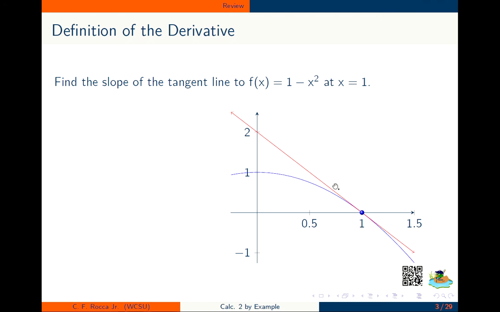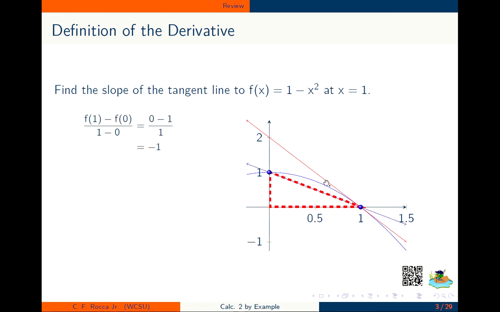What we do to find that slope is we start with an approximation, and we approximate with this line called a secant line. This secant line passes through the one point we're interested in and some other point, and because it passes through 2 points, we can find its slope.